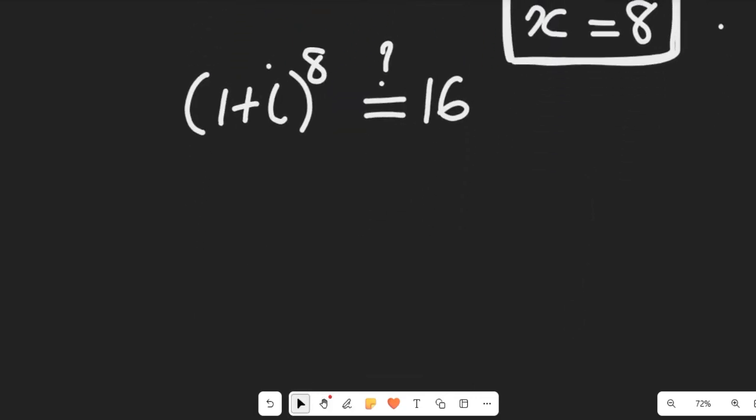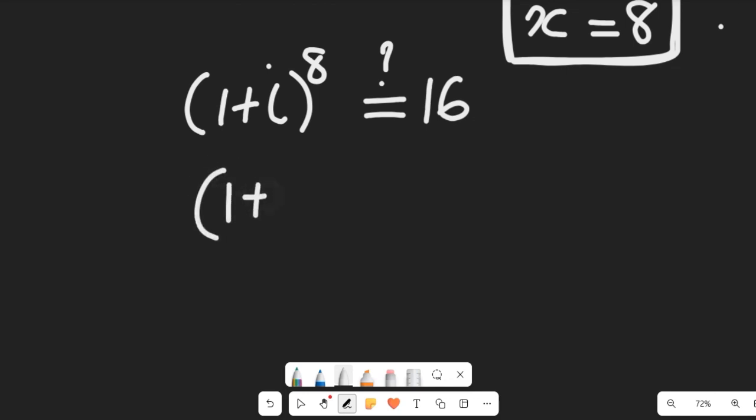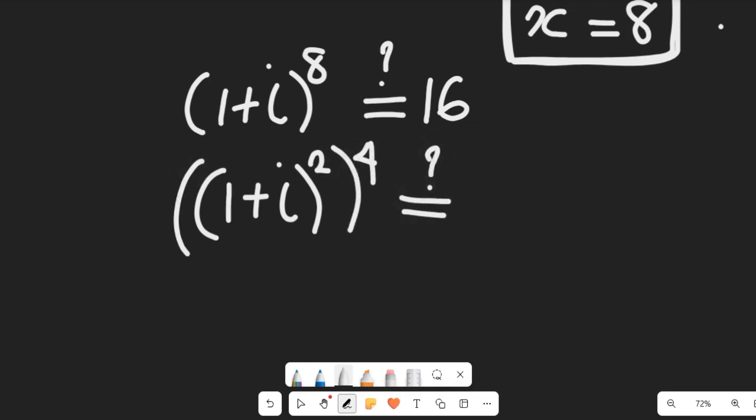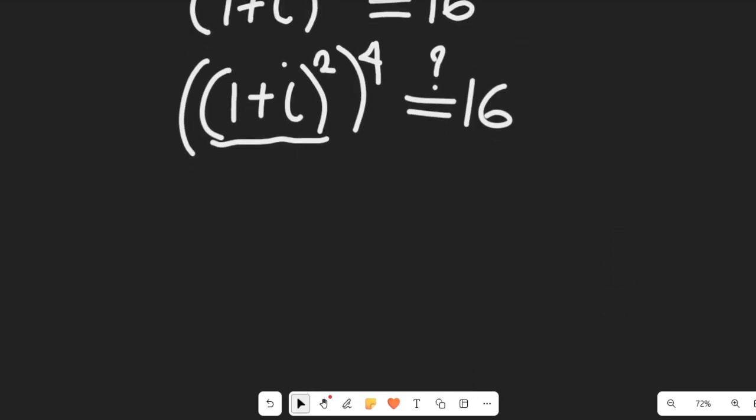Simplifying this expression, we're going to break it into its factors, and then we'll have (1 + i)^2, and all of this will be to the power of 4. I didn't change anything. Can this be equal to 16? If we look at this expression well, I can expand it using the rule of factorization.